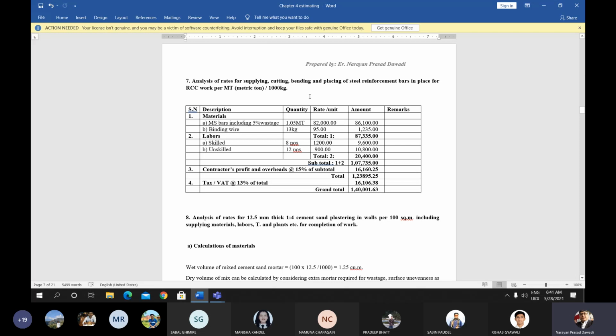If the size of the structure is different, the reinforcement bars are available in 20 feet or more. That means up to 20 feet length is available in the market, but the size of the slab, beam, column or lintel may be different from the size provided by the industry.